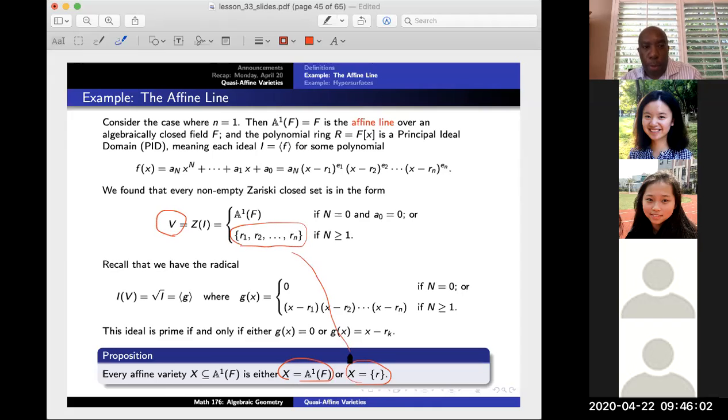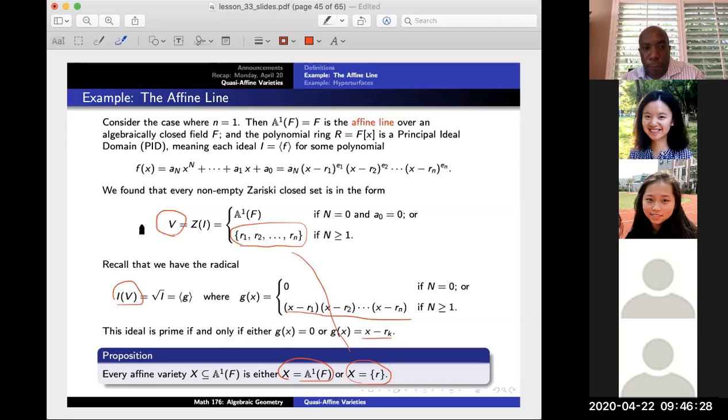Because of course, if I have two points r1 and r2, I can separate them into two different Zariski closed sets. Another way to say that is the ideal generated in this case is a prime ideal if and only if g has exactly one factor. So that's why now we know that every affine variety is only one of these two.